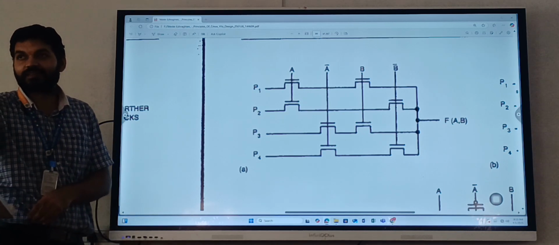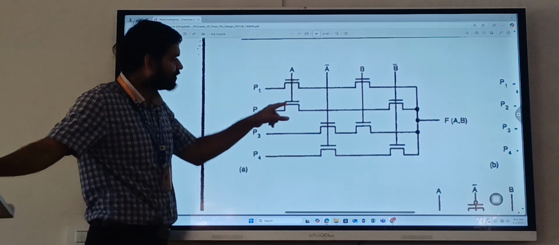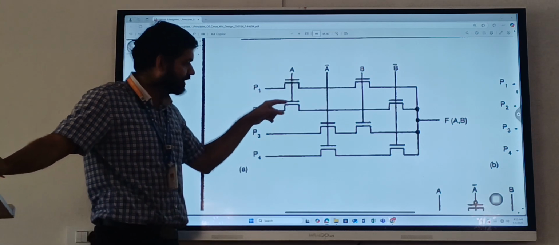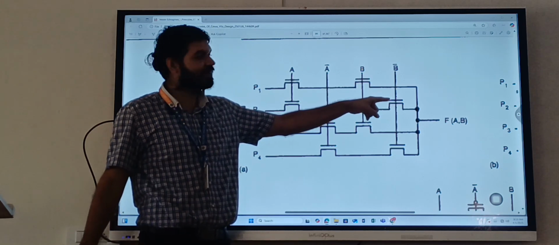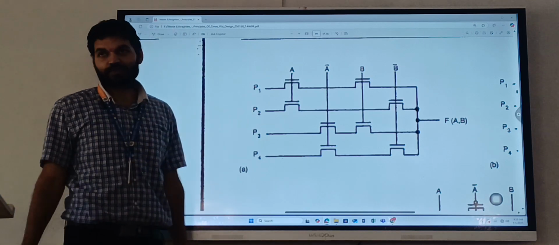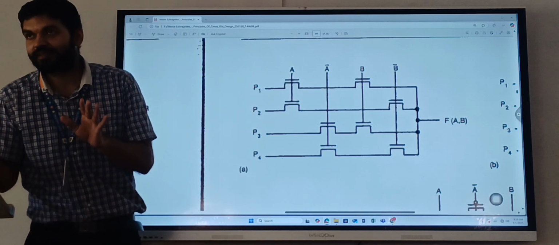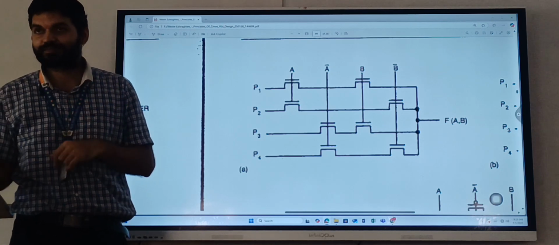Get it? P2. A is 1, so this is on. Okay, in this line, B is 0, so B and B-bar are both on. The output will be P2. Now think about whether this circuit is acting like a dash.